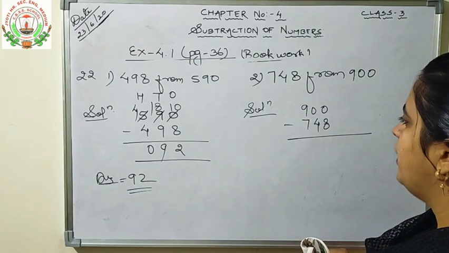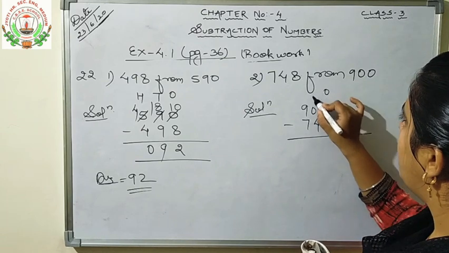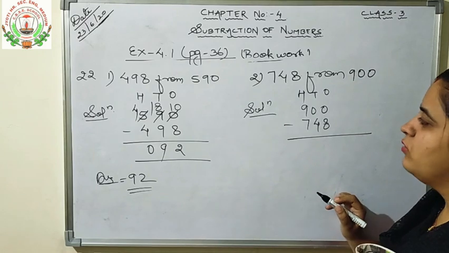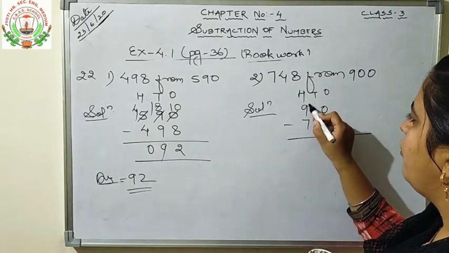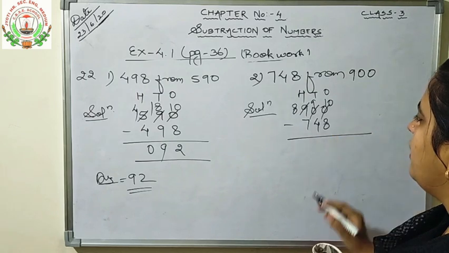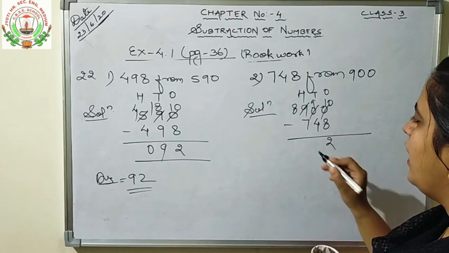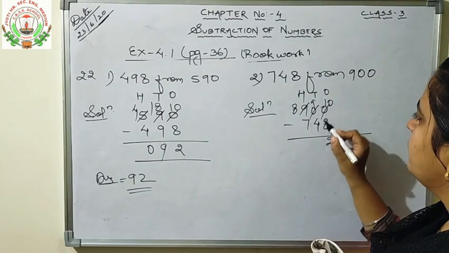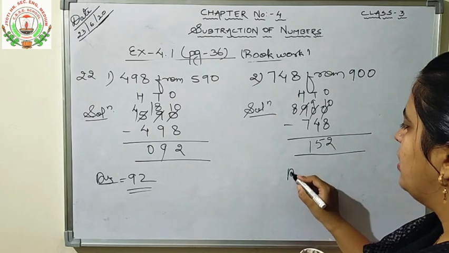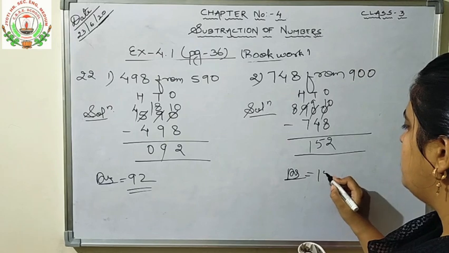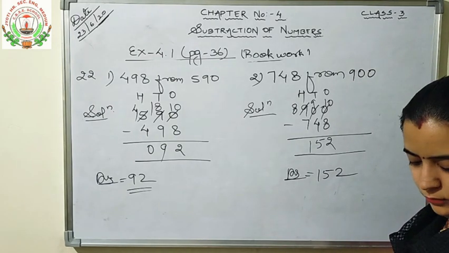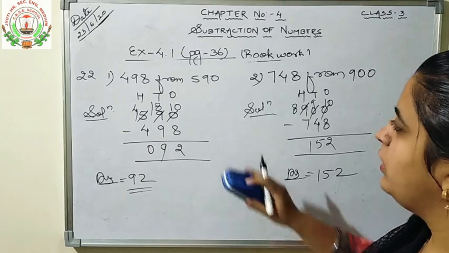First step, we will write the place values of the numbers: ones, tens, hundreds. 0 minus 8 is not possible, so we will take carry from here. It will become 8, 9 and 10. 10 minus 8 is 2, 9 minus 4 is 5, 8 minus 7 is 1. So what is the answer? Answer is equal to 152.